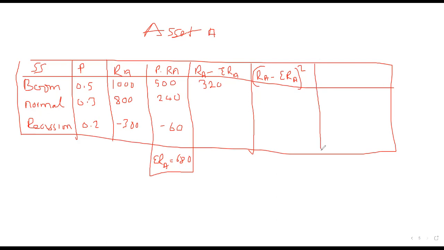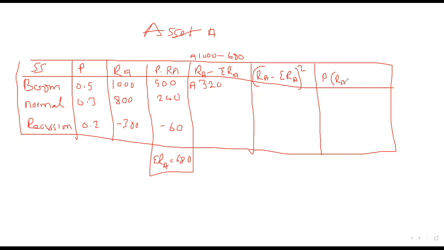How did you get the 320? We're subtracting the expected return of 680 from 1,000. We simply do this for each one: this minus that, we get the answer here. Then we square it, then we multiply by the probability.